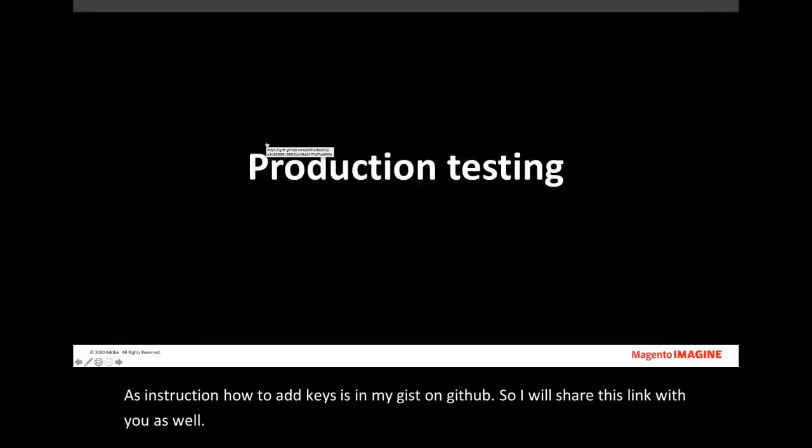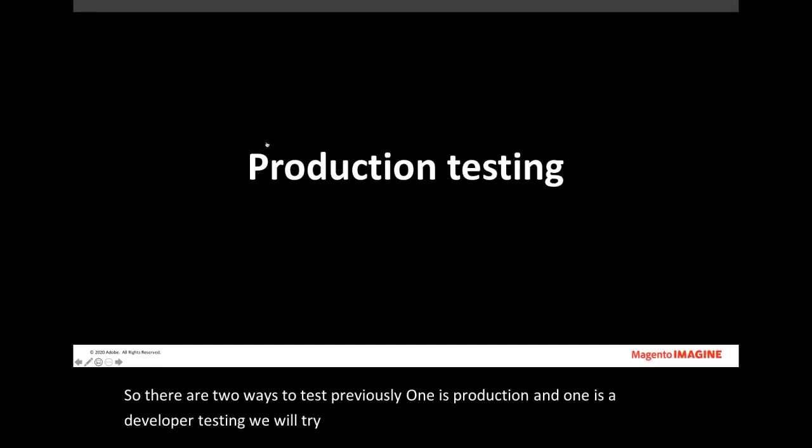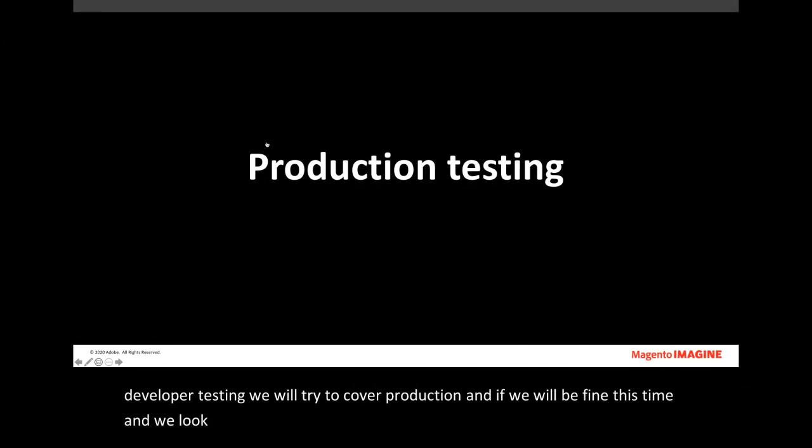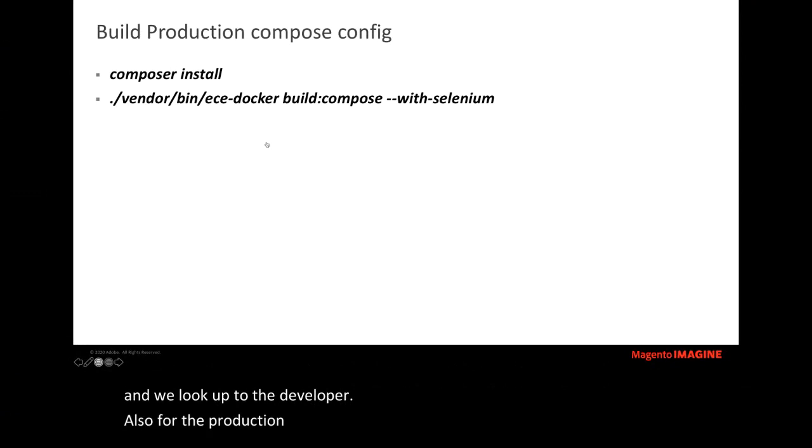There are two ways to run MFTF tests, as I said previously: one is production and one is developer testing. We will try to cover production, and if timing allows, we will move to the developer one. For production, you will need to run composer install on the configured Magento template.